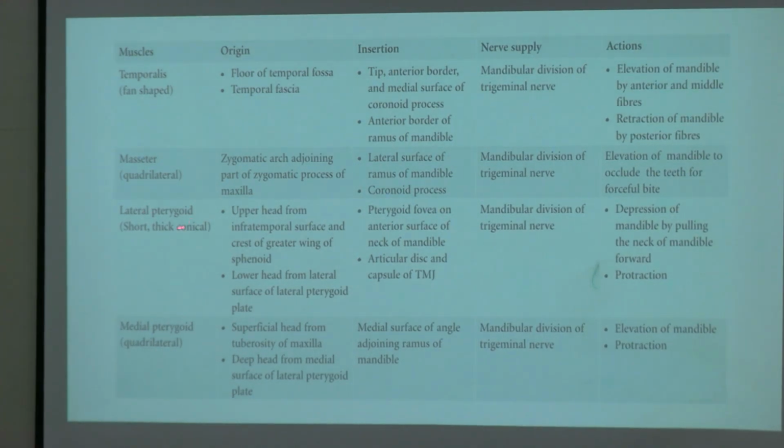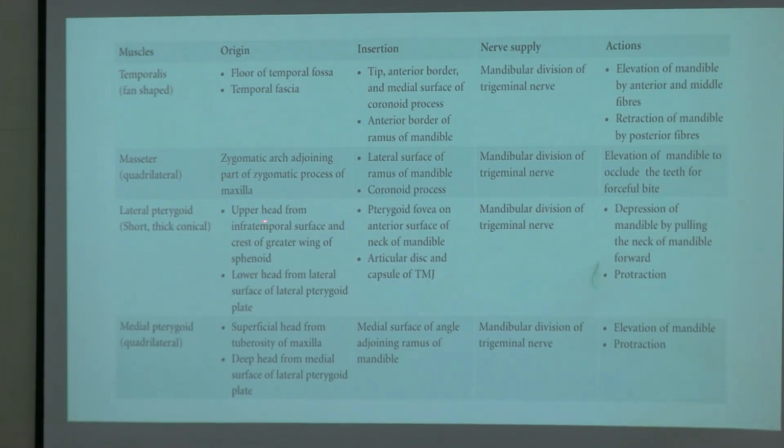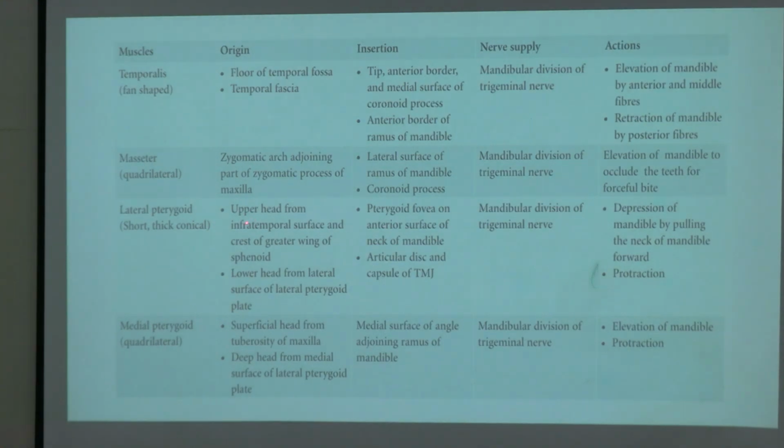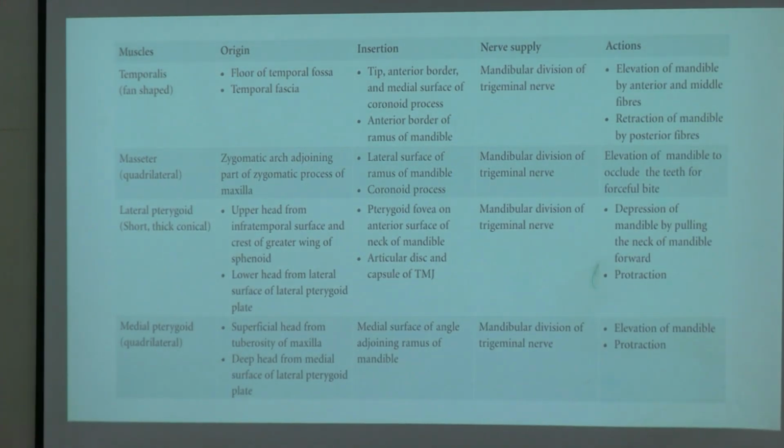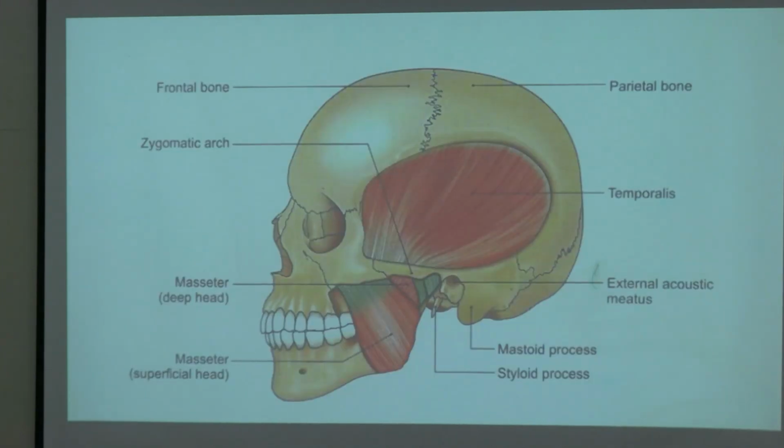And observe this point, in your lateral pterygoid we have two heads, the first one is the upper head and the second one is the lower head, and also in medial pterygoid we have a superficial head and a deep head. So, in both medial pterygoid and lateral pterygoid we will get two divisions.